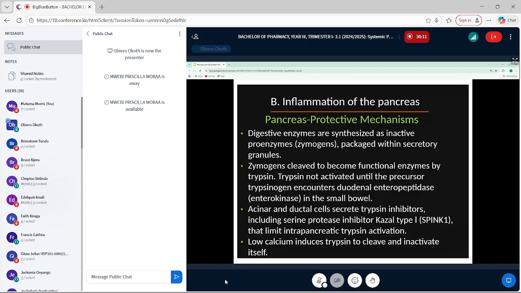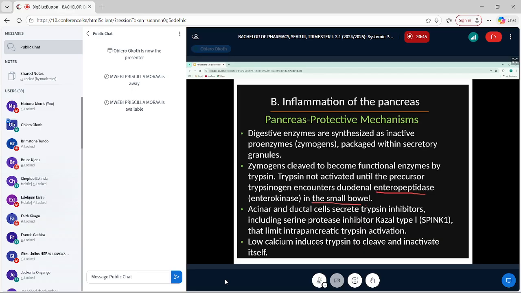And then the zymogens only become functional when they are cleaved by trypsin. And this trypsin is also produced as a precursor, trypsinogen, and is not activated until it encounters the enzyme in the duodenum, the enterokinase, so that this activation occurs in the small bowel.